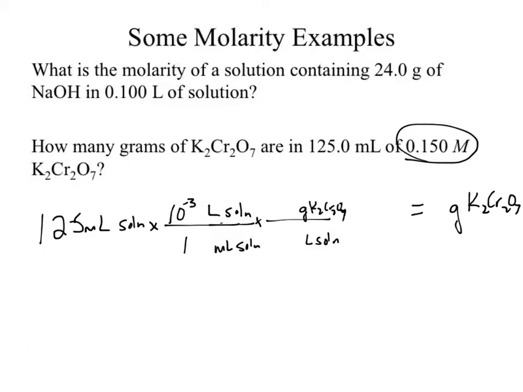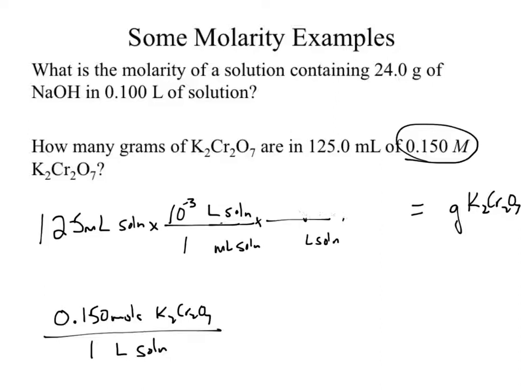What is that? 0.150 moles of our potassium chromate per 1 liter of our solution. Okay. So I may not be able to get to grams, but I do have a way to convert liters into moles using that conversion factor.